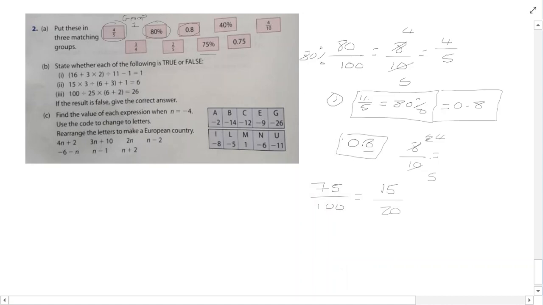Do we have any 15 over 20? We don't. So we can simplify this some more. We can divide by 5. 5 will go into 15 3 times, and 5 will go into 20 4 times.